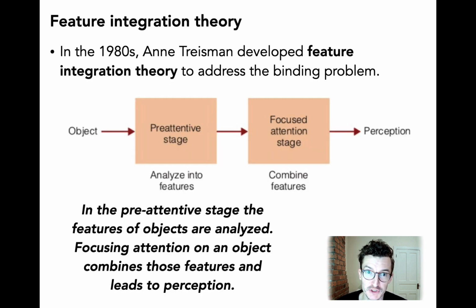And so this is known as feature integration theory. And it was first proposed by Anne Treisman in the 1980s to solve this binding problem.